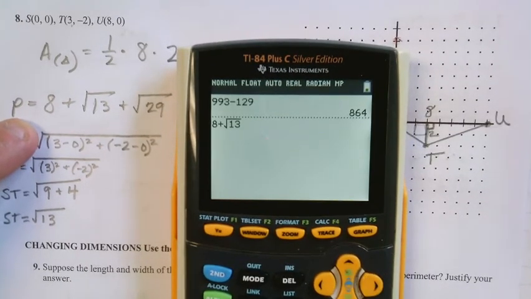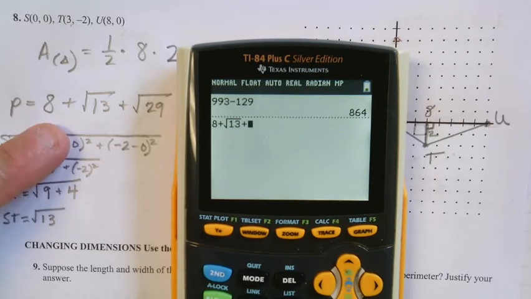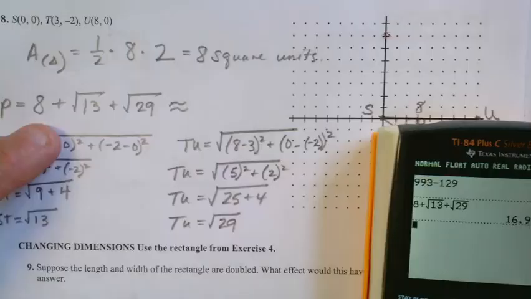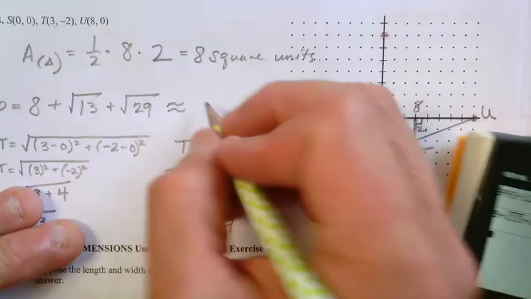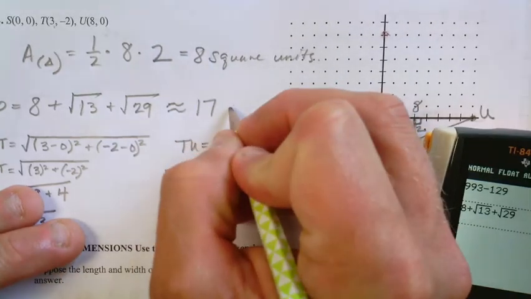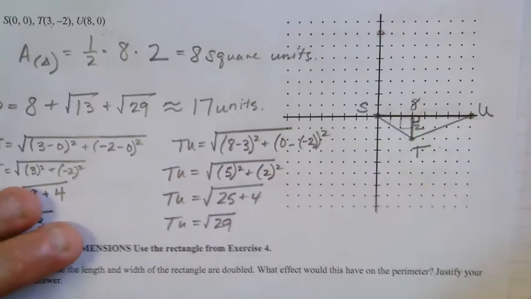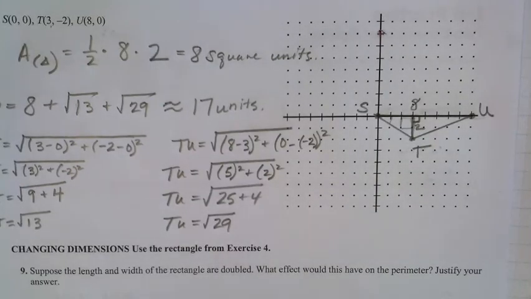And then from there, I'm going to add the square root of 29. Enter. 16.99, so I'll just round it up to 17 units. So that was the perimeter there.